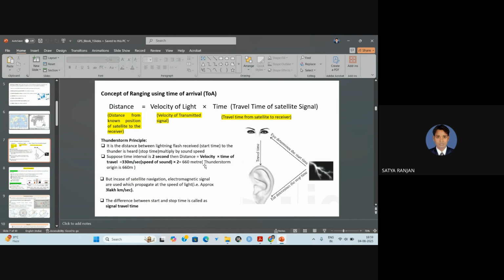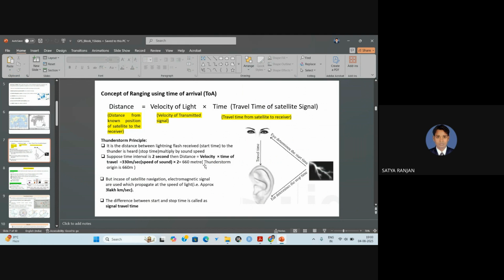Travel time: suppose we see the lightning at a particular time. After 2 seconds or 3 seconds, we receive the sound of the lightning. Lightning I understood, sir, but satellite signal? The satellite does not use the thunderstorm. In the same manner, when we use the positioning system, we just receive a signal from the satellite.